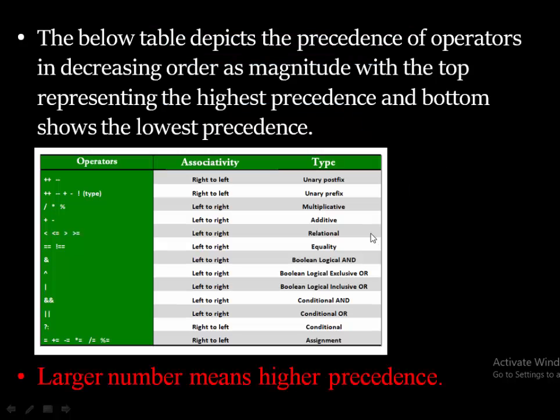Okay, and see here, this table indicates the precedence of the operators, in decreasing order. Increment and decrement operators, unary postfix, have the highest priority. Postfix operators have higher priority than prefix operators. Then the logical not operator, unary minus and unary plus, pre-increment and pre-decrement, and post-increment and post-decrement.